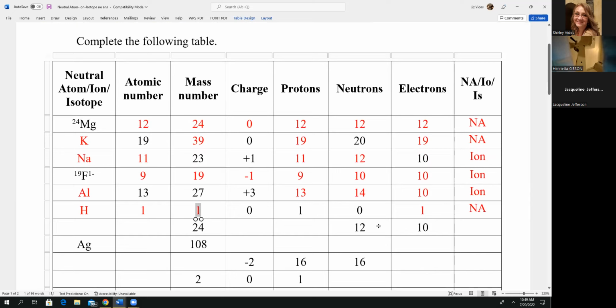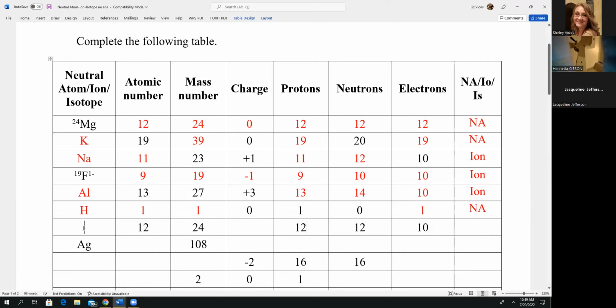All right. The next thing we have here is, do we have how many electrons, right? We have the number of neutrons. We have the mass number. Okay. So we know that the mass number minus the number of neutrons gives us the atomic number, or the number of protons. So this element 12, right, is magnesium.